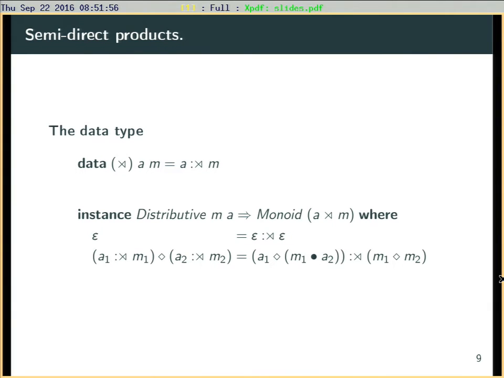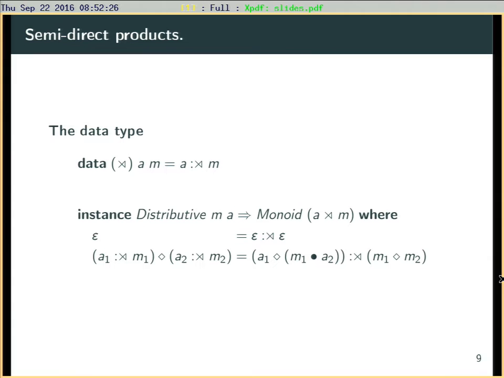The identity element is just the pair of identities, and on the M side you just multiply. And on the A side, it is A1 times M1 applied to A2. So this is the semi-direct product, and this is essentially what we saw a few slides back.